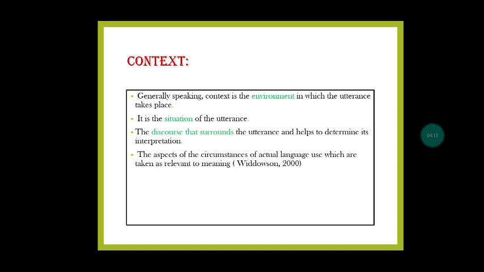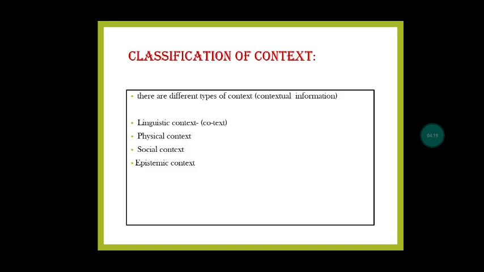Now, context is also classified into the following types. There are 4 different types of context. First is the linguistic context, called co-text. Number 2, physical context. Number 3, social context. And number 4 is epistemic context.